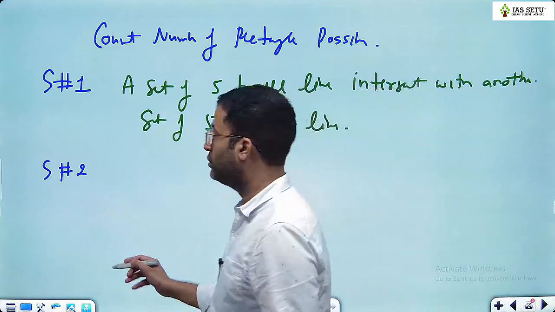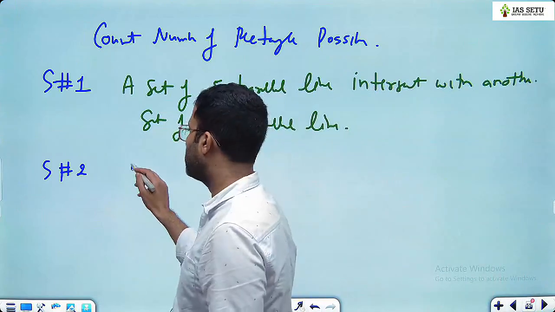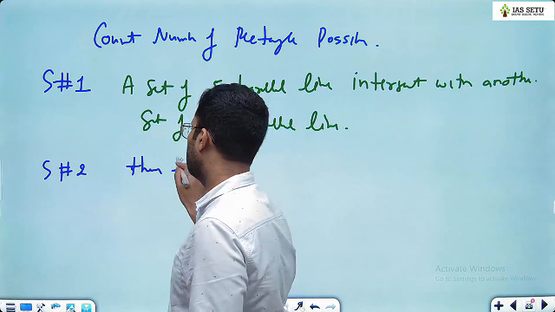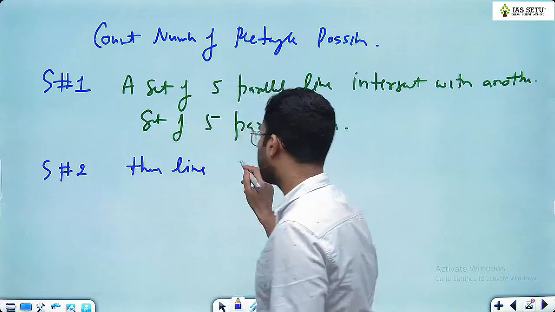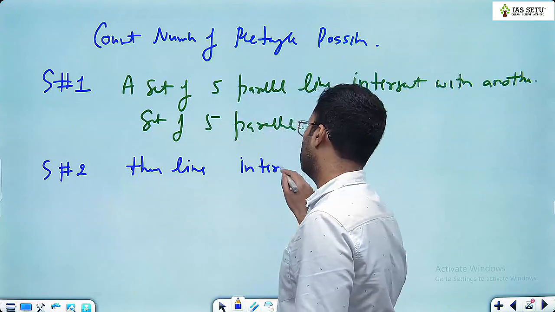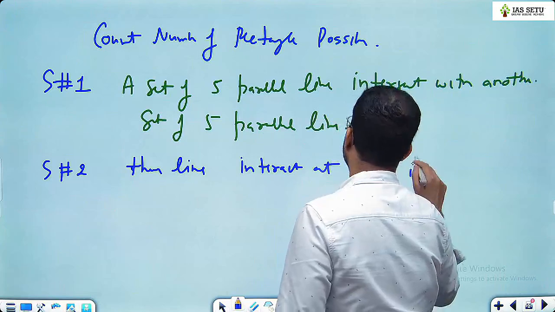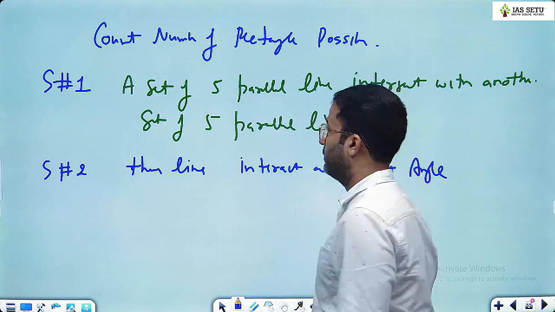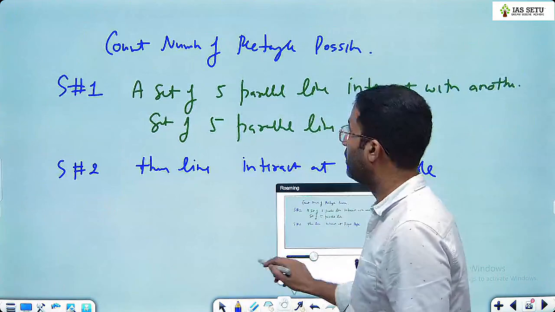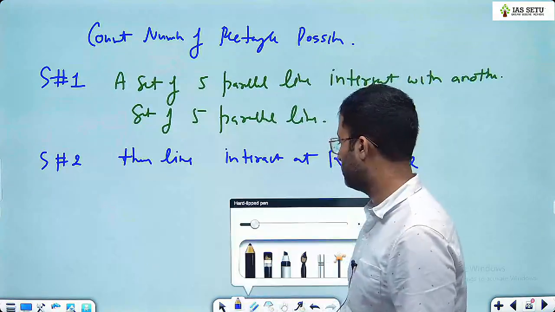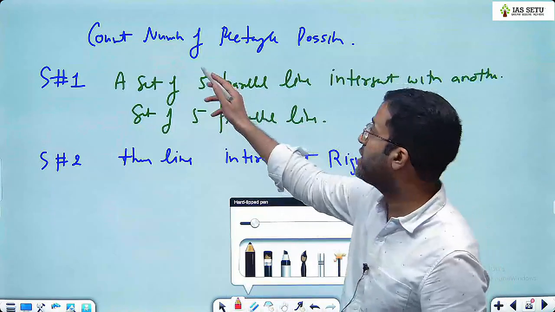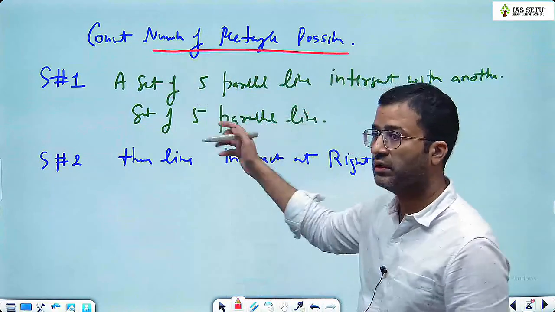Statement number 2: these lines intersect at right angle. To find the number of rectangles, what is correct?